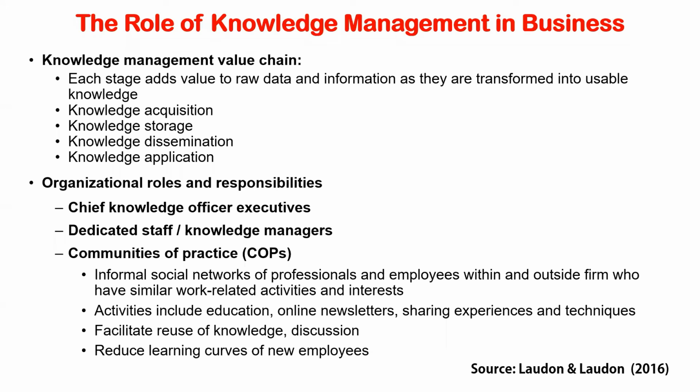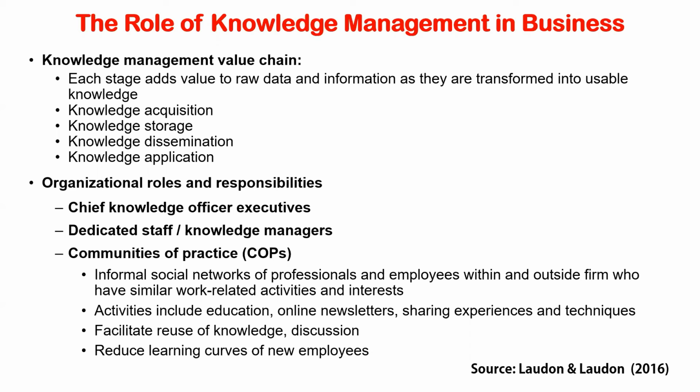And then in the organization also, some organizations go into very, very specific roles. So they have a chief knowledge officer, they have a knowledge manager, and they also practice the COP, community of practice. This is the informal social network of professionals and employees. Activities can include education, sharing experience, and other techniques.